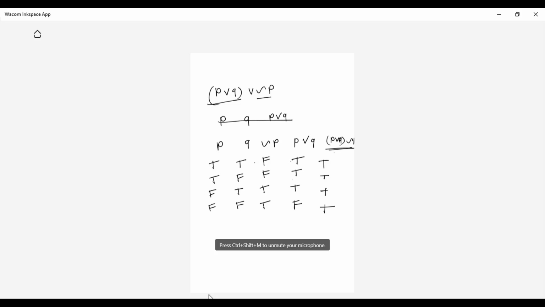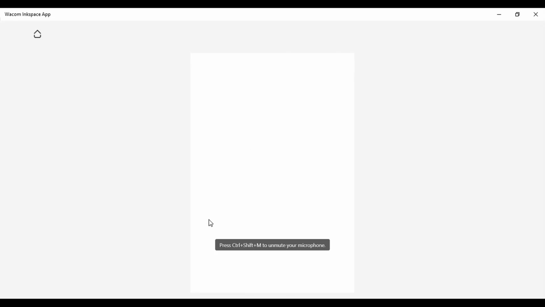Just listen, everyone. I'll do it again. What they have asked for is P or Q, then or negation P. So what you have to do, students? Simply write P and Q first. Now, what terms will we require while solving the truth table?